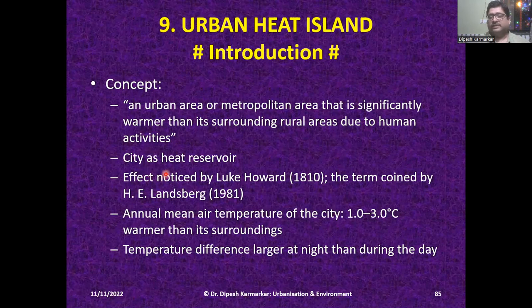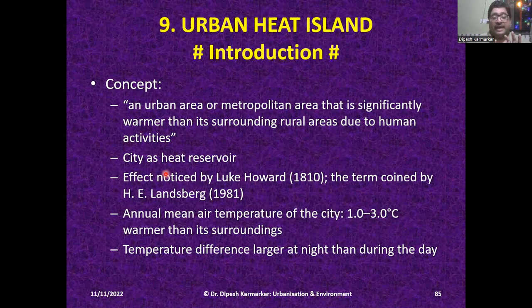Okay, so as I already said, the temperature in the cities remains higher than the temperature of the surrounding rural areas. Usually we find that the annual mean temperature of the city remains 1 to 3 degrees Celsius higher than the surrounding rural areas.